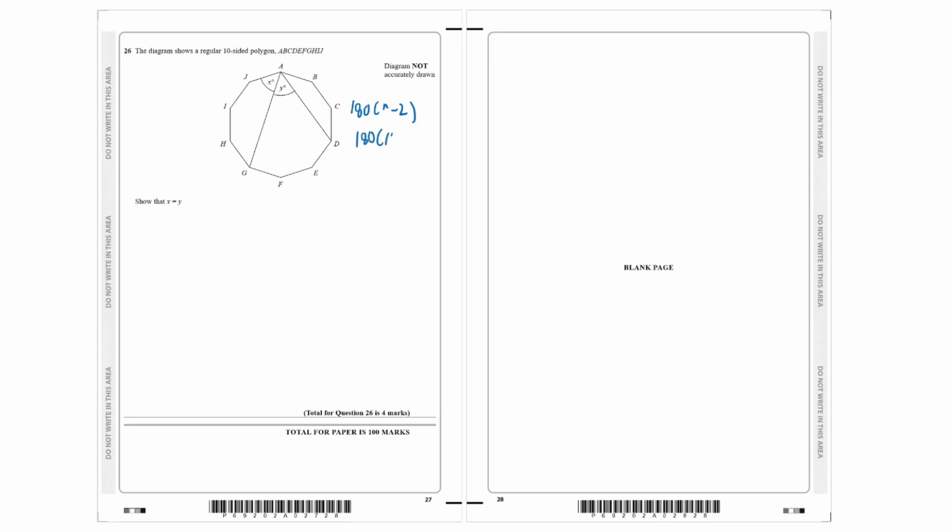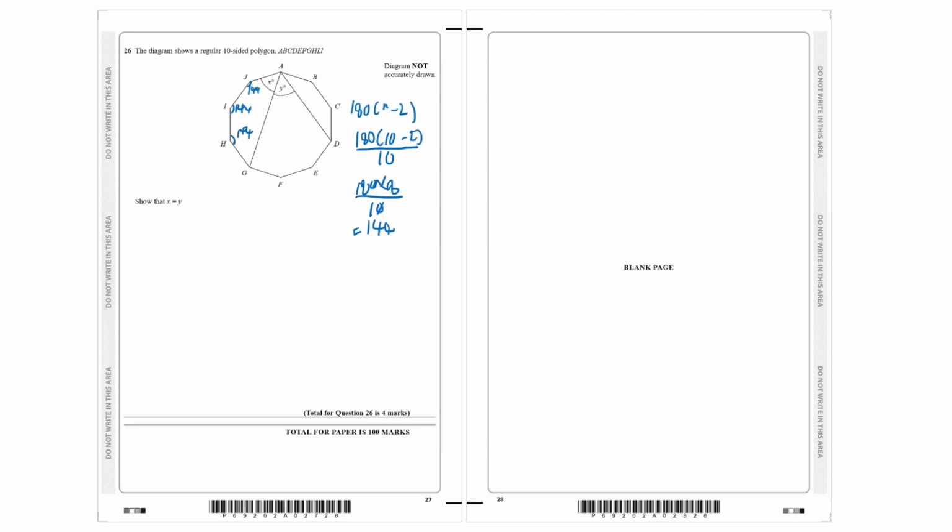So there are 10 sides minus 2, divided by how many angles there are, so 10, because we only want to find one angle. So we have 180 times 10 minus 2 is 8, divided by 10. This cancels out and that gives us 144 degrees each. So this is 144, this is 144, this is 144.